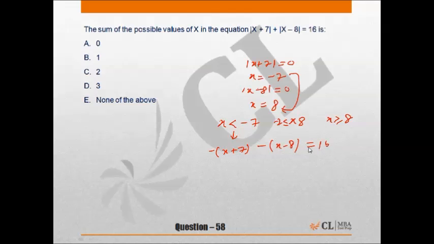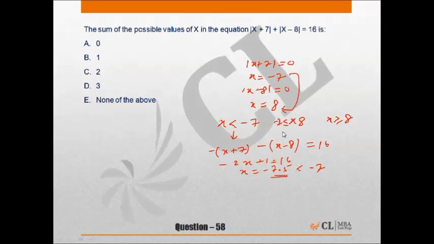From here we get minus twice of x minus 1 equals 16. From here we get x equals minus 7.5, which is less than minus 7. So this is one of the acceptable values of x.